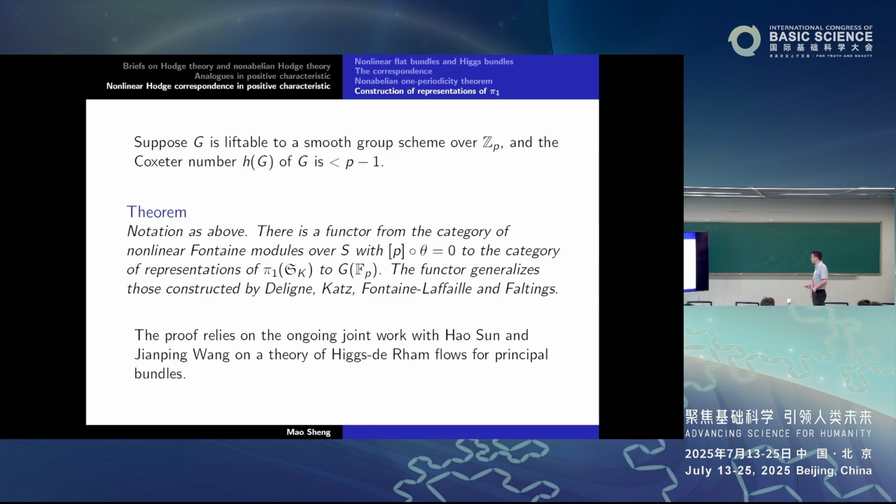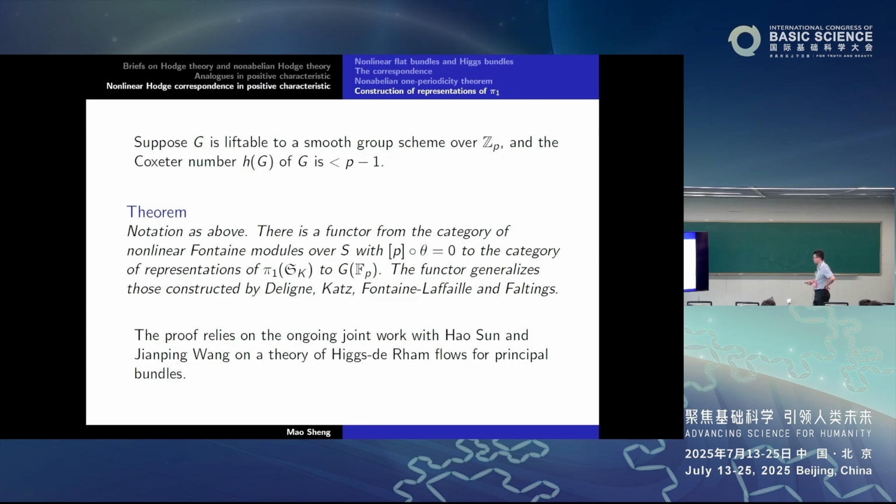Then the result is that if you assume G is liftable to a smooth group scheme over Z_p, so that G is a mod p reduction of some smooth group scheme over the ring of p-adic integers, and we assume p is large with respect to the Coxeter number, then there's a functor from the category of nonlinear Fontaine modules of S with p-nilpotent Higgs field to the category of representations of the étale fundamental group of a generic fiber to G(F_p).